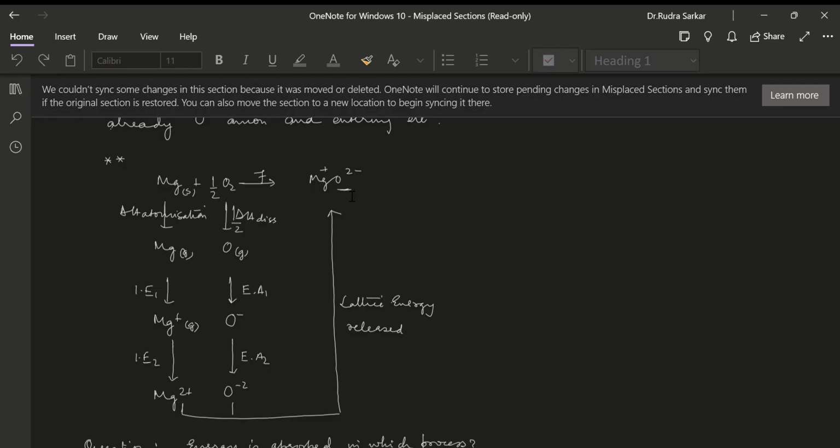That individual atoms are moving from a less stable state to a more stable state. That's why the reaction is happening. So that is what bonding is all about.